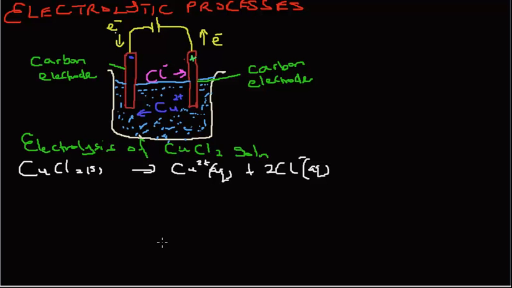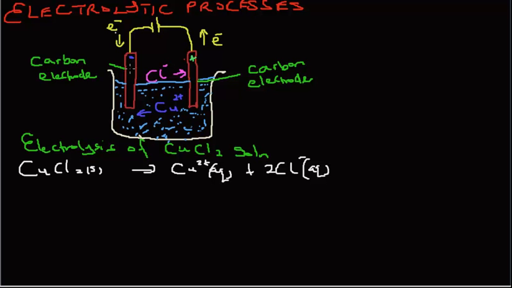If we come to this side, this carbon electrode is negatively charged. Under galvanic cells we say that the negative electrode is our anode, but in this case now our negative electrode is the cathode. Right?